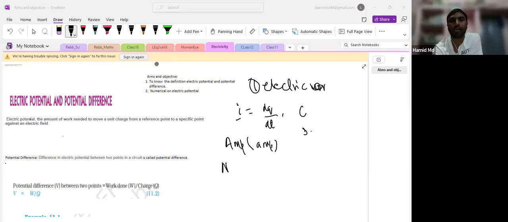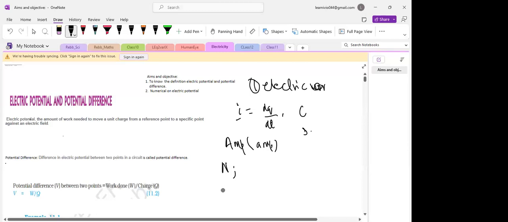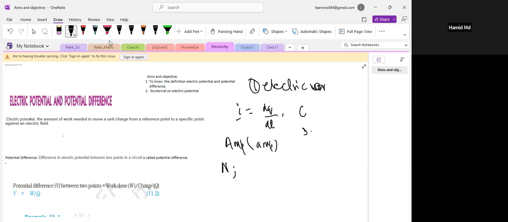So if we are aware of current, do we say current follows direction? Yes. So it has direction and magnitude both, right?